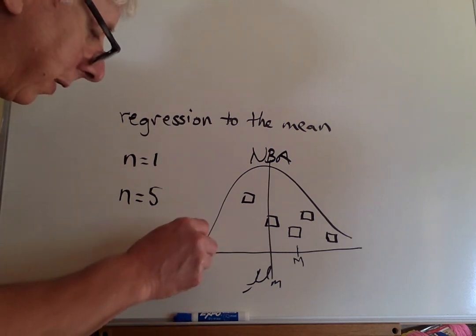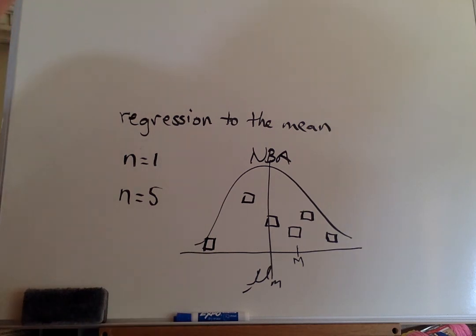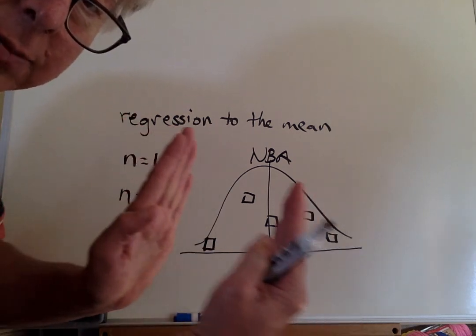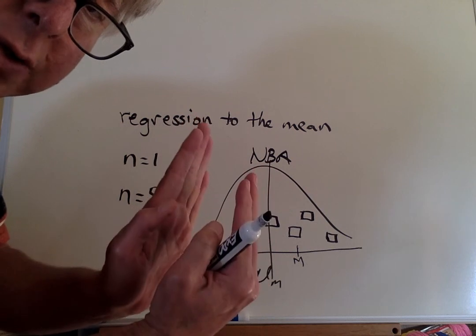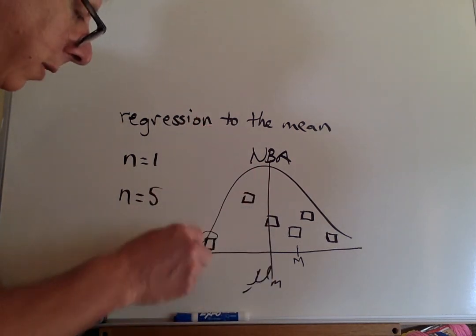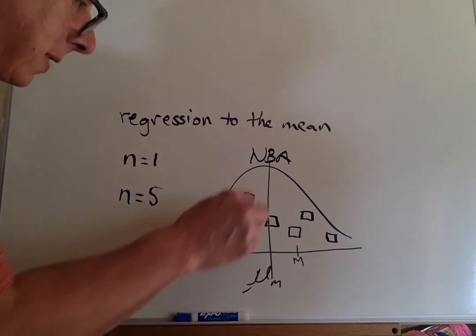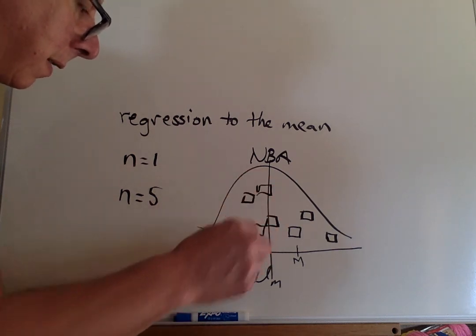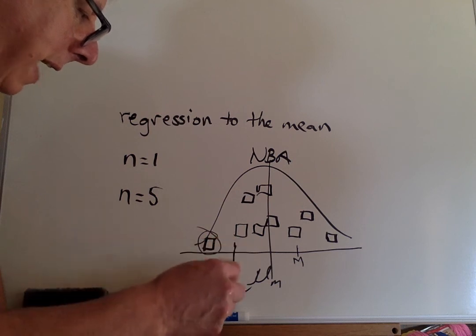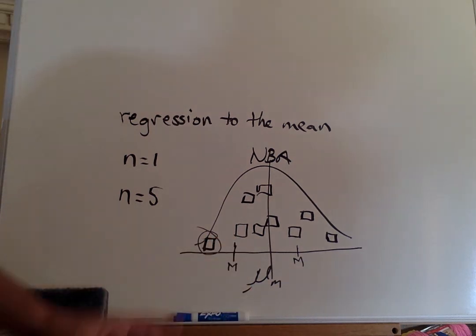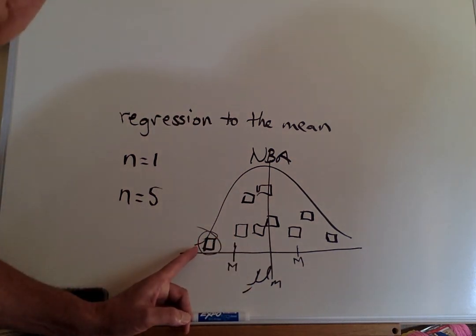For the worst player in the league, because regression goes both ways. It comes inward to the mean. Here's the worst player in the league. And the worst player in the league also plays with other players. And so the mean for that team is never going to be as bad as the worst player.